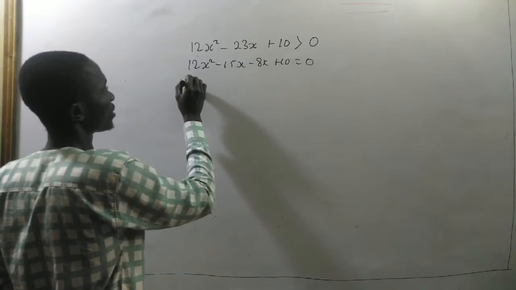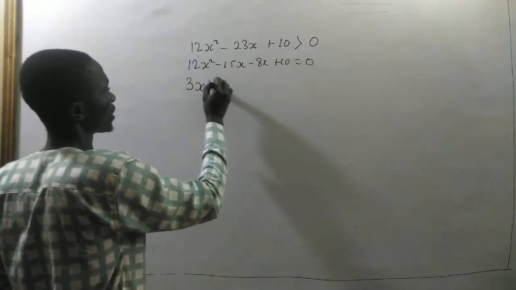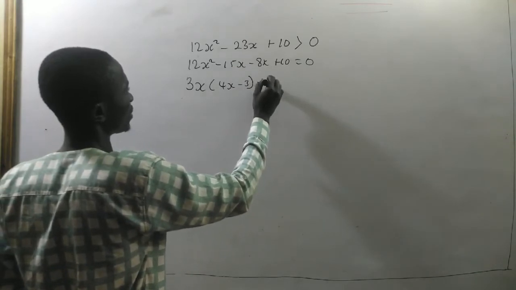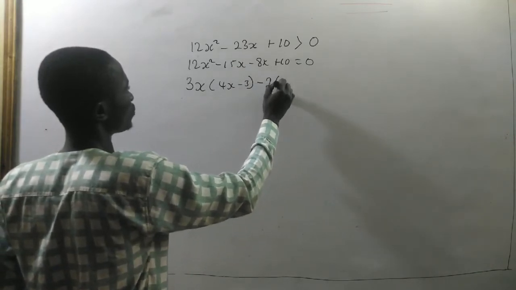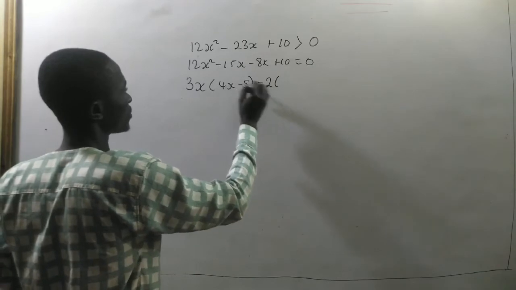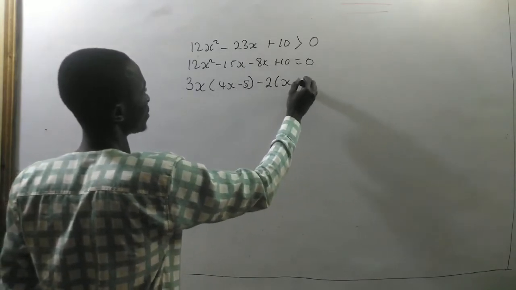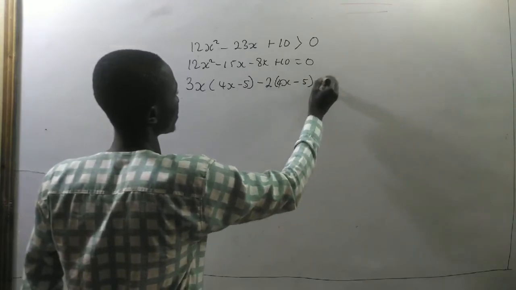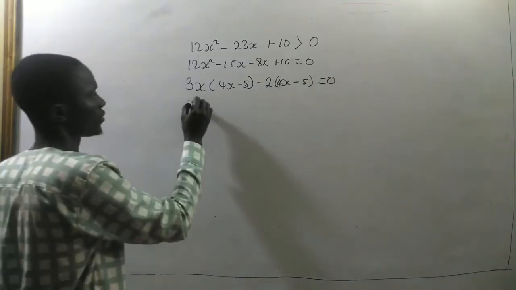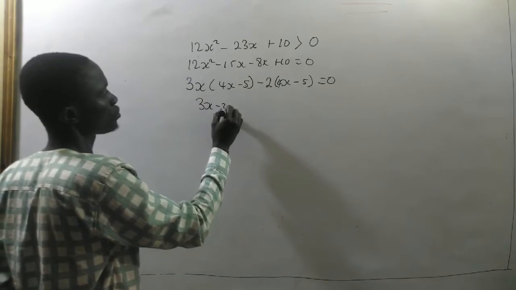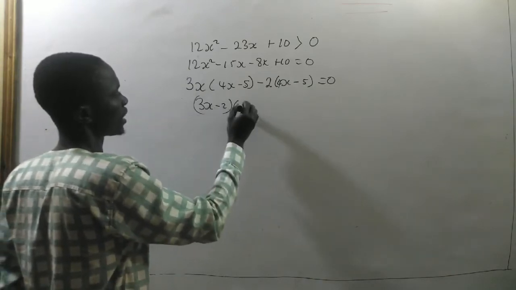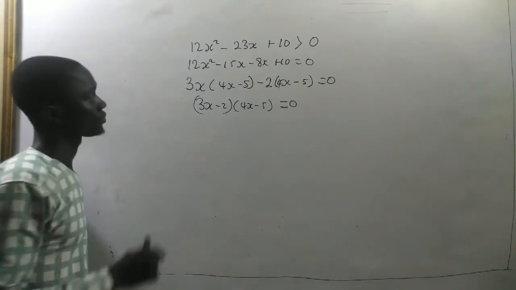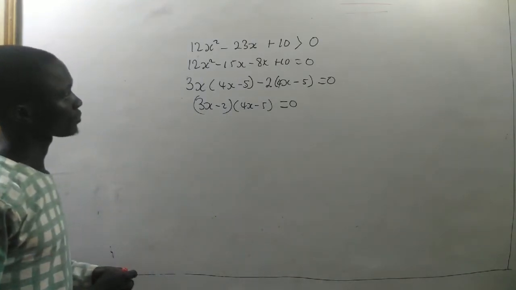We have 3x into bracket 4x minus 3, minus 2 into bracket 4x minus 5, so 4x minus 5 is equal to 0. We have 3x minus 2 times 4x minus 5 equal to 0. Yes, that is what we are getting.